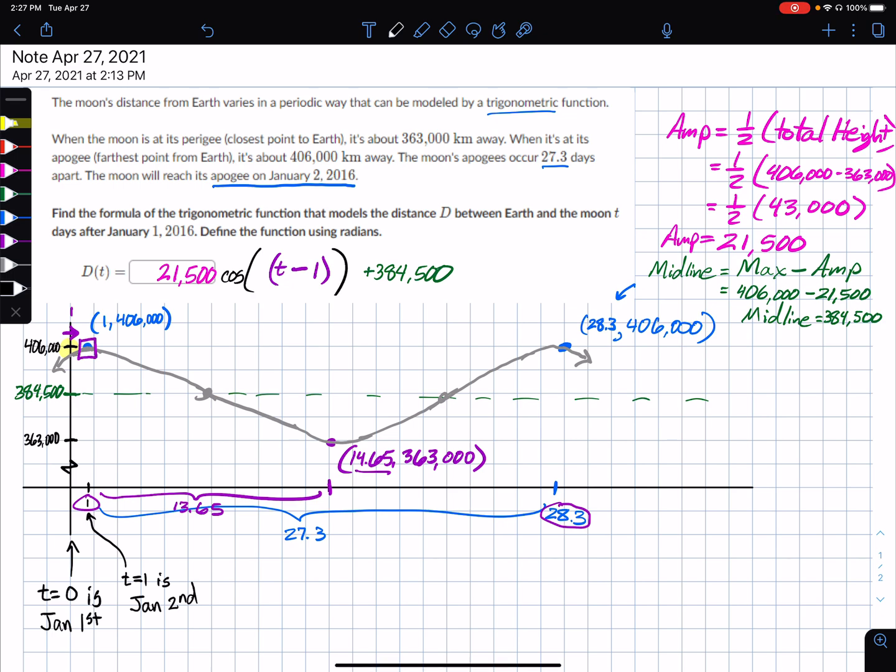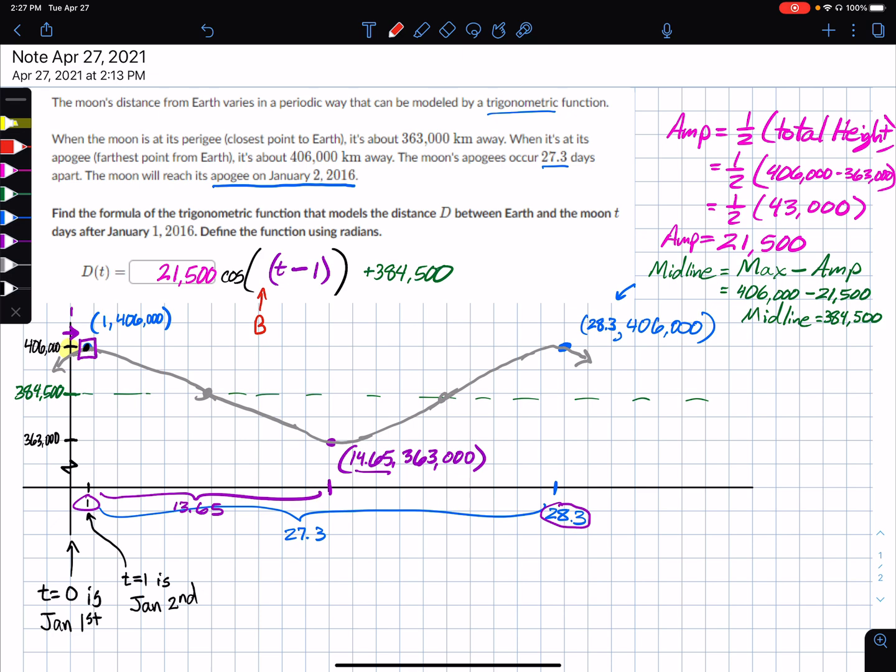All right. Now, I left a little space up front here in case we needed a negative on our leading coefficient. Here we do not. That high point for cosine should be up at the top there, and we recognize it there. So we do not need a negative placed on the front there. The only thing left to do is find that b value to get this period correct.